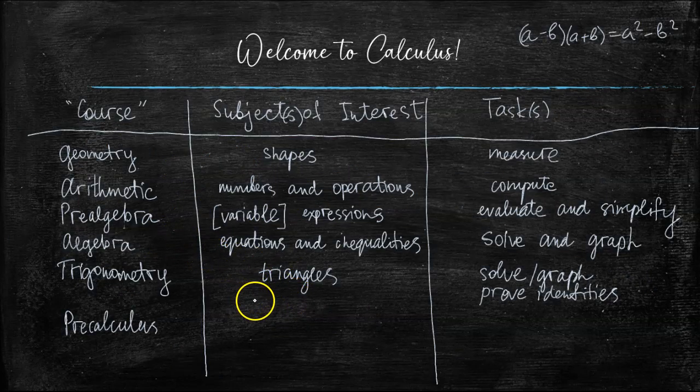So if I were to answer this question, what is the main subject of interest in pre-calculus, I would say functions. So everything now becomes a function. Absolute value used to be an operation, now it's a function. Sine of x used to be an operation, now it's a function. Everything is a function now, and we learn to think of everything as functions.